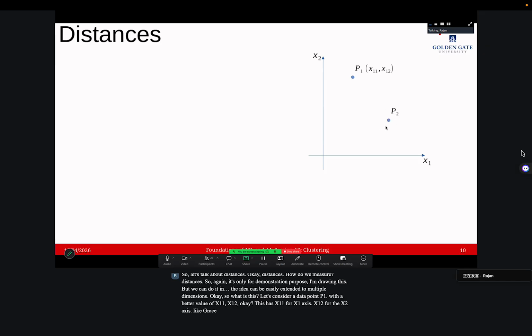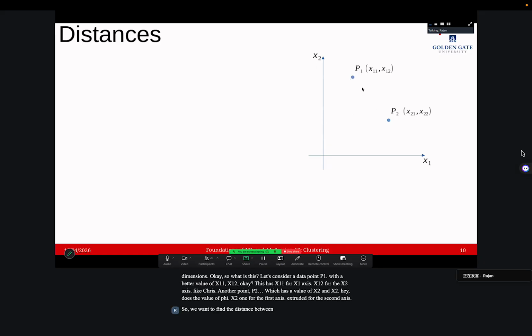Likewise, another point P2, which has a value of x21 for the first axis, x22 for the second axis. So we want to find the distance between P1 and P2.